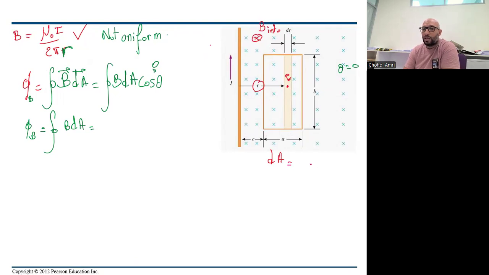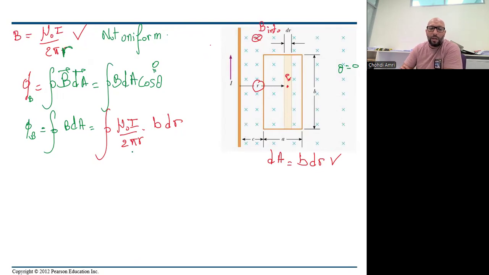So we can say that the surface element dA is going to be B, which is constant, and which one is variable? dr. Well done. Now we substitute B by its expression, mu naught I over 2 pi r, multiplied by B dr. What is our variable?